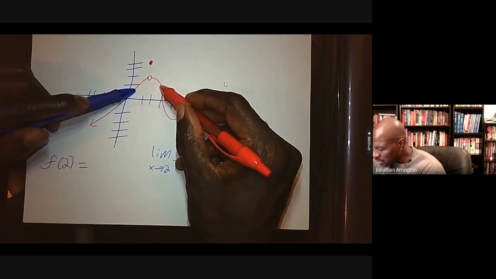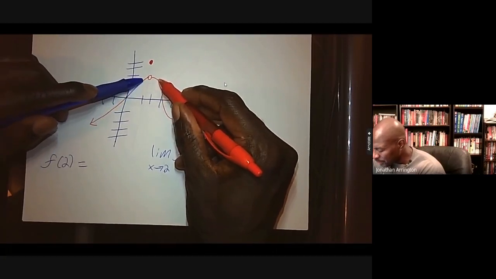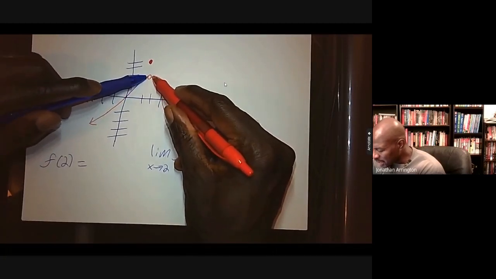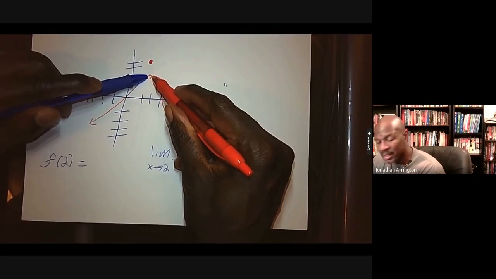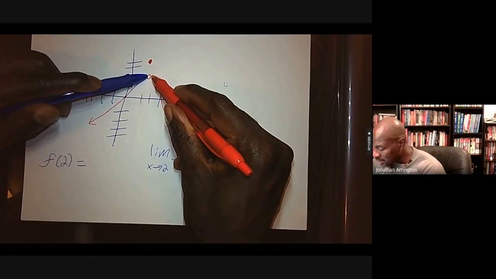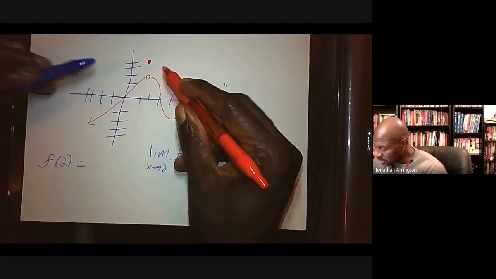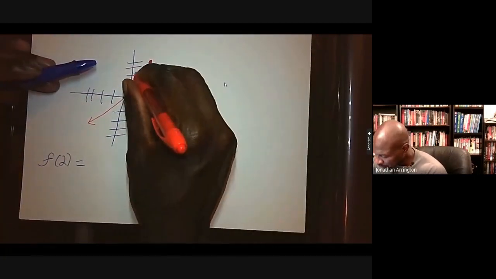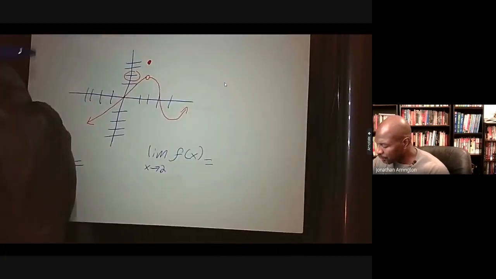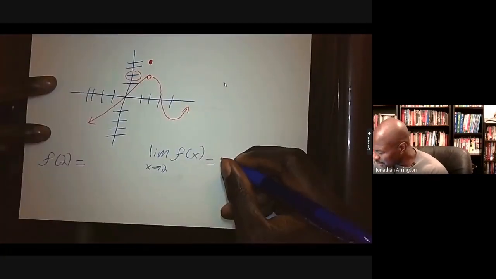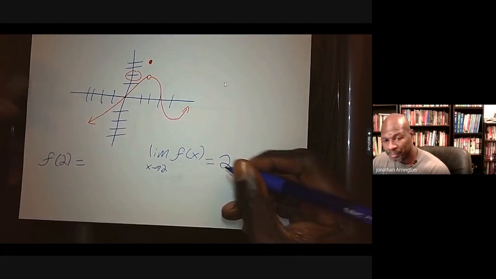As you get closer and closer to 2, if these pens come together, the y value that they both arrive at is the value of the limit. The y value that they both come to is right here at 2. So the value of the limit is 2.